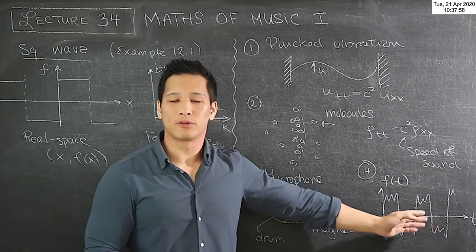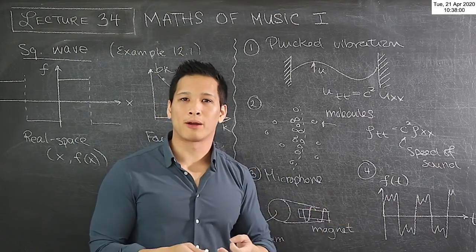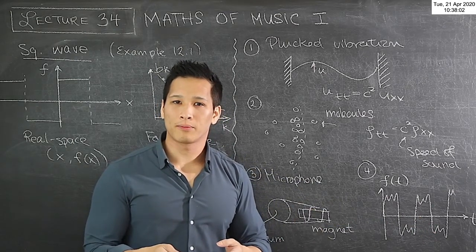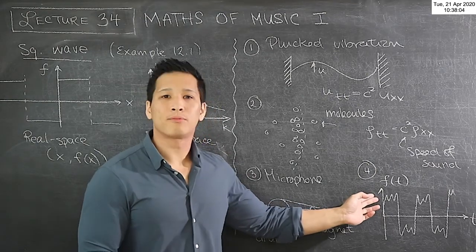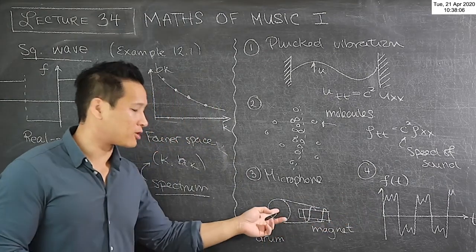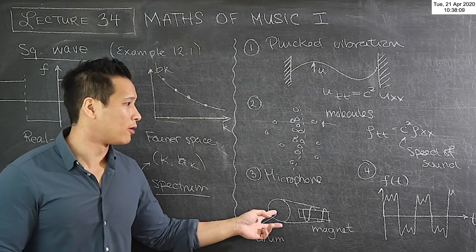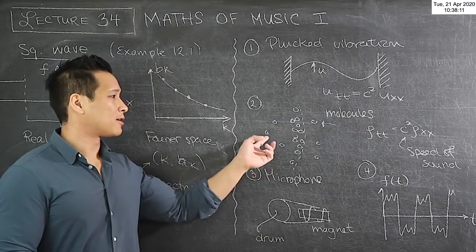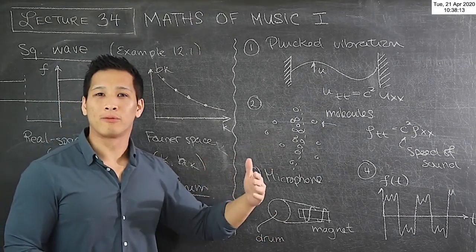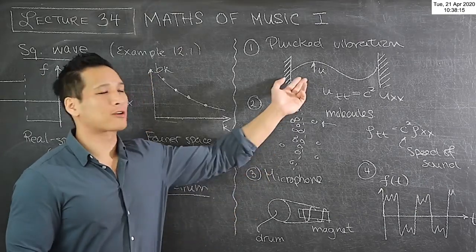This is what you'll see if you open up an audio program and you try to record some audio, okay? So these are, in essence, characterized by the vibrations of the drum, of the microphone, which is then characterized by the molecular movement of the air, which is then characterized by the string.